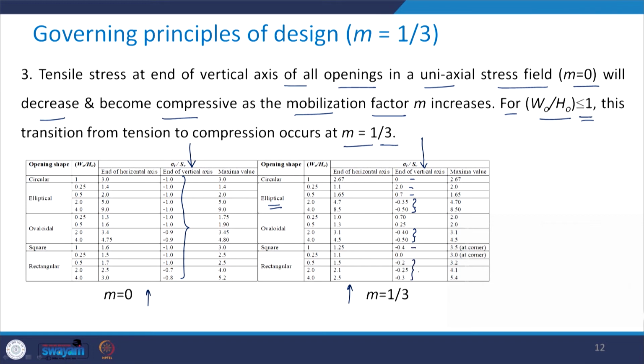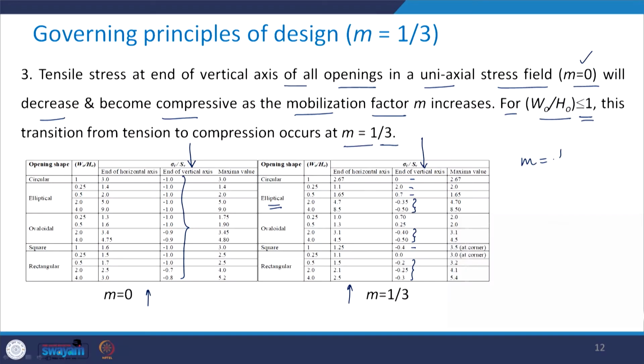So, most of the values are transitioning from negative to positive stresses. This is the next principle of design for the biaxial state of stress, having the value of m as 1 by 3.